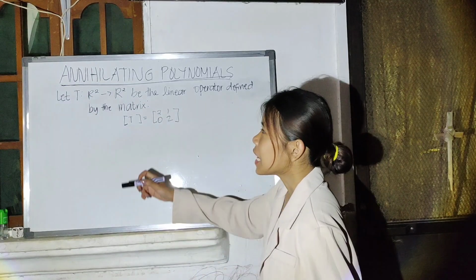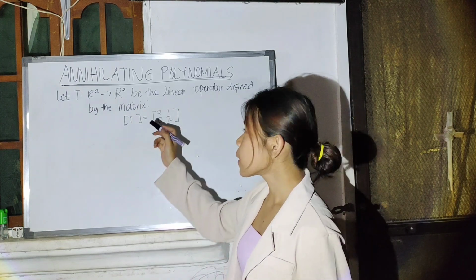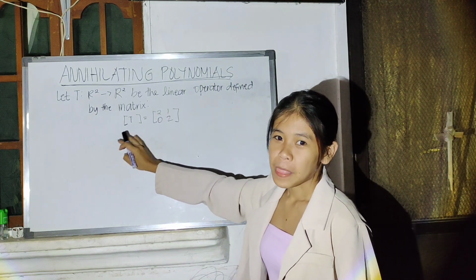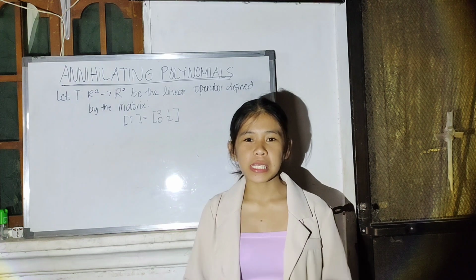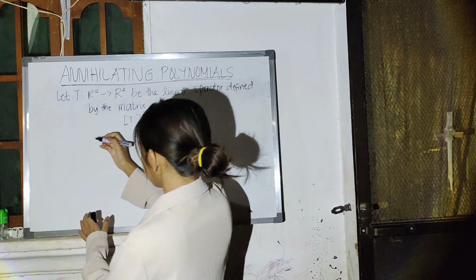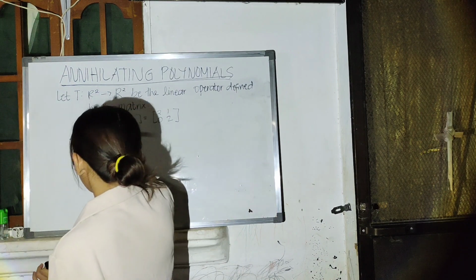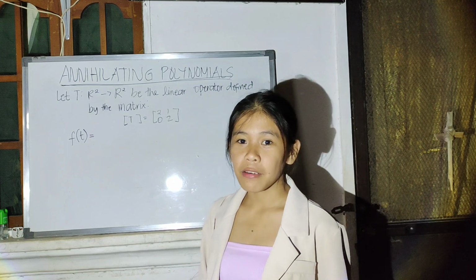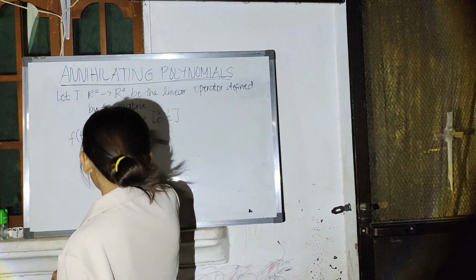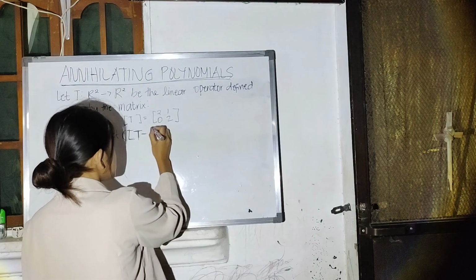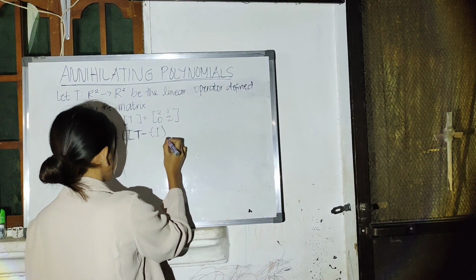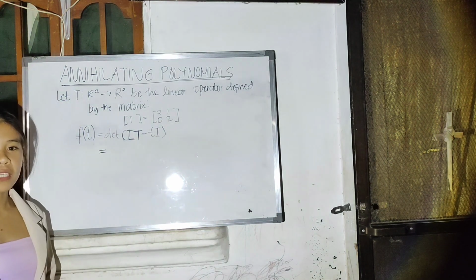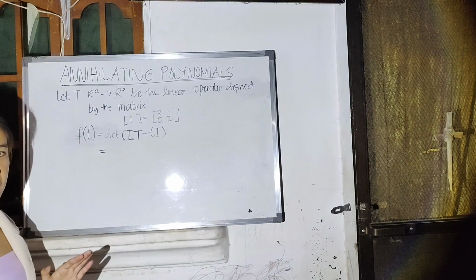Let T: R^2 → R^2 be the linear operator defined by the matrix of our T. In finding the characteristic polynomial f of t, we are using the formula of the characteristic polynomial, which is the determinant of T minus t I. In solving the characteristic polynomial, isa-substitute lang natin ito.